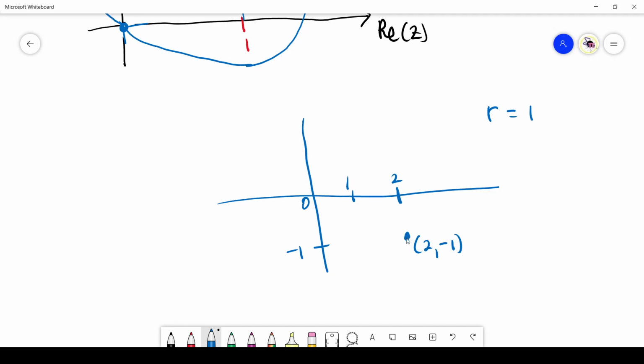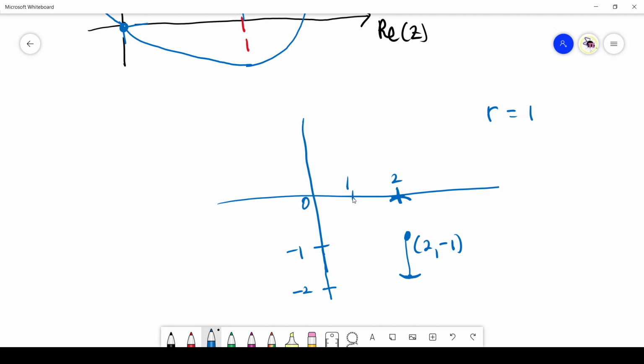If this is the center of the circle, going up, a radius of 1 would stop here. That would be the top of the circle, wouldn't it? From this point here, if the radius is 1, then we would have to go down 1. That means the circle would end here.